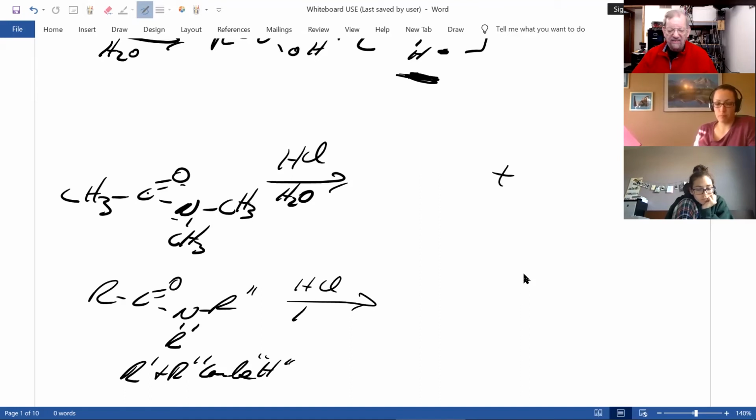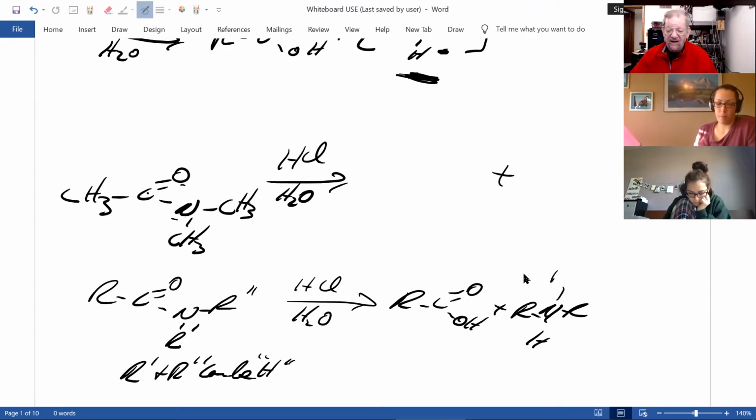HCl, water. We'll get back the carboxylic acid we would have used to make that amide, plus the amine salt of the amine we would have used to make that amide.